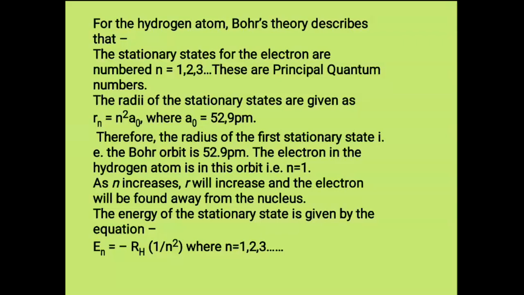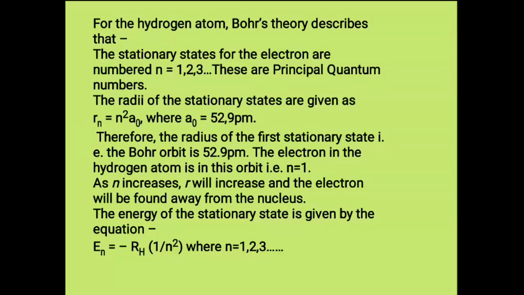Now the energy of the stationary state is given by the equation En is equal to minus RH upon n square, where RH is Rydberg's constant and n is any integer having value 1, 2, 3 and so on. For example, if we want to calculate the energy of the electron present in the second shell, we have to simply use n is equal to 2.